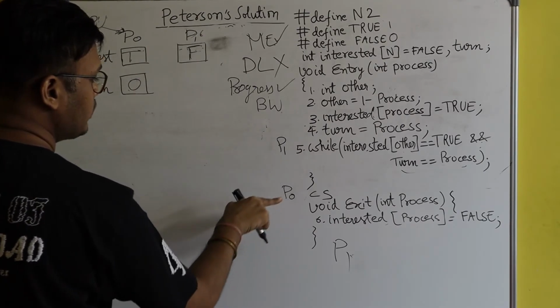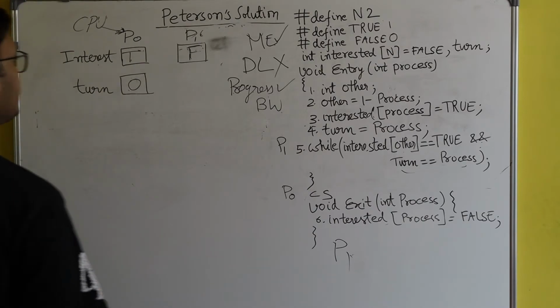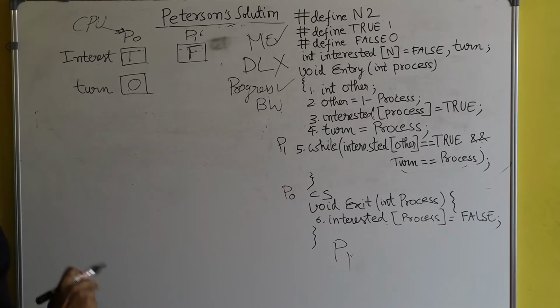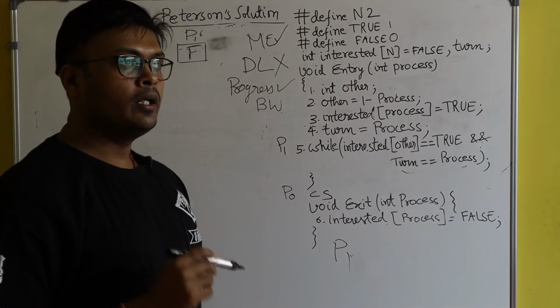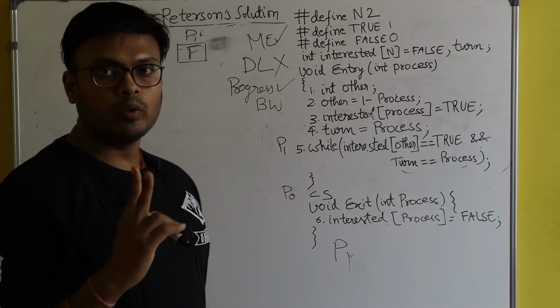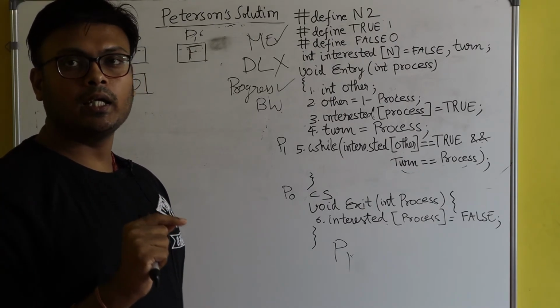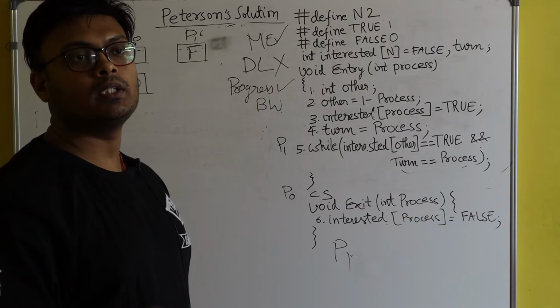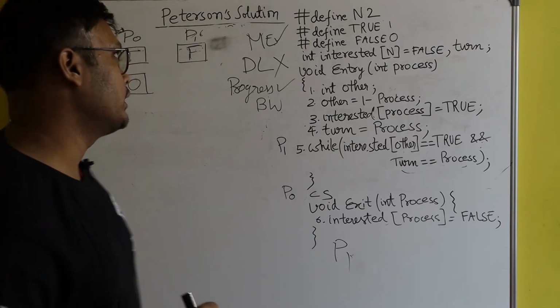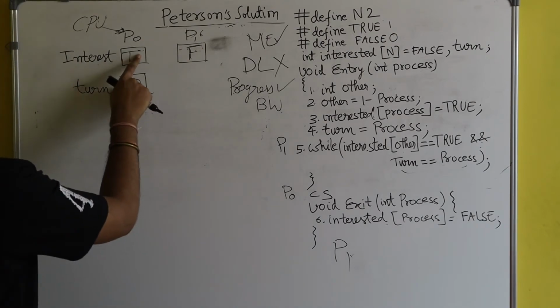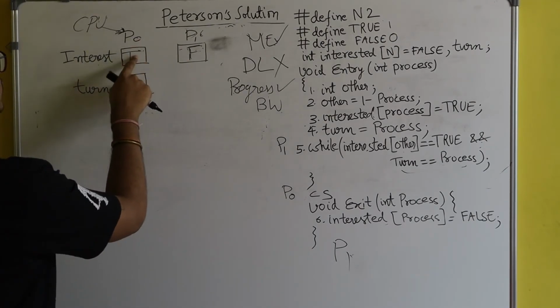Since process P0 is inside the critical section, the interest of process P0 will be true. As I already told you, the interest can be true in two cases. First is when the process is already inside the critical section, and the other is when the process is interested to enter inside the critical section. So since process P0 is already inside, its interest is true.